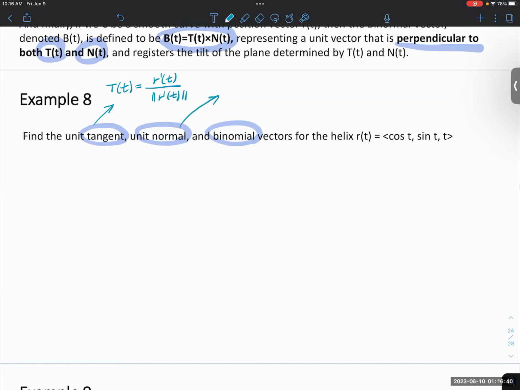For the unit normal vector, once you have the unit tangent vector, take the derivative of the unit tangent vector over its magnitude. The last one, the binormal vector, is going to be the unit tangent vector cross product the unit normal vector. So remember, those are 3 equations. We just talked about it.